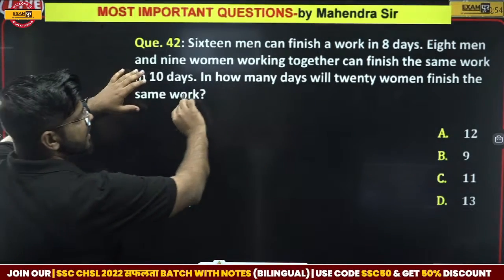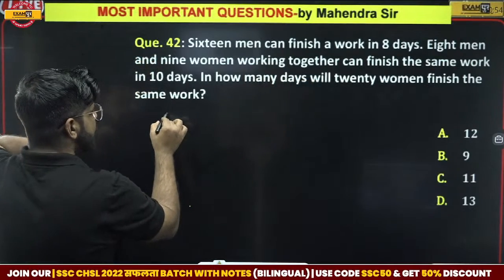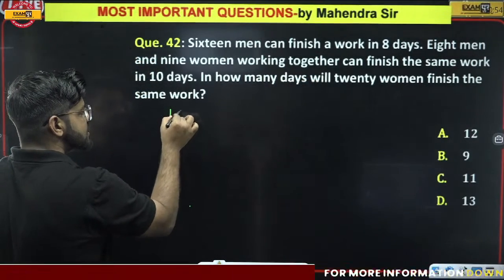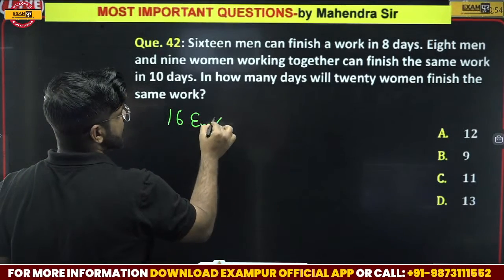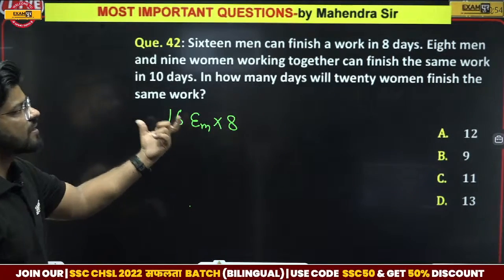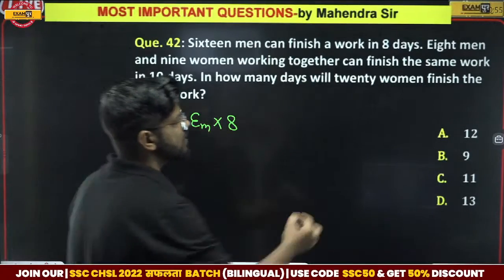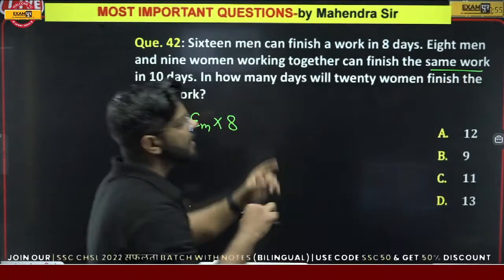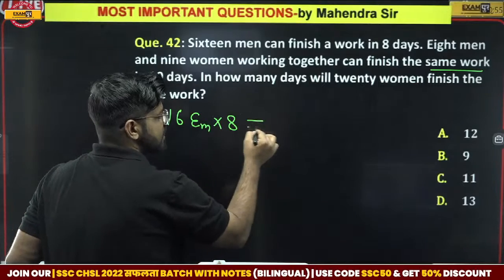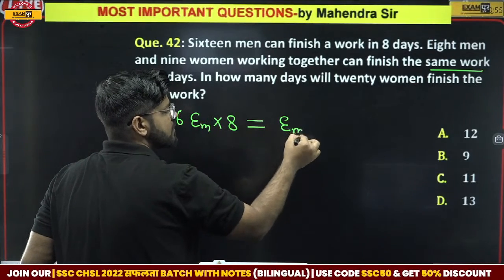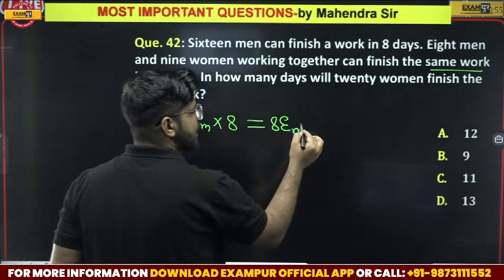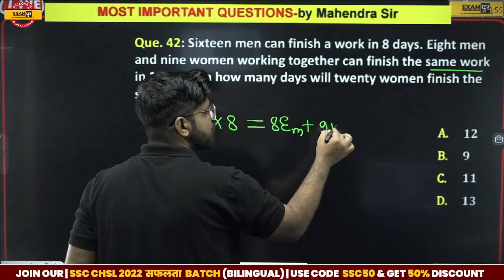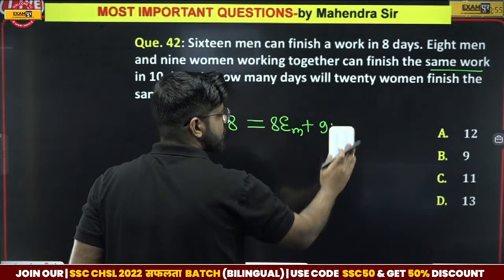The question is saying 16 men can finish the work in 8 days. So here is 16 men. 1 man's efficiency is EM, in 8 days. This is the work. Now the same work is done by 8 men and 9 women.